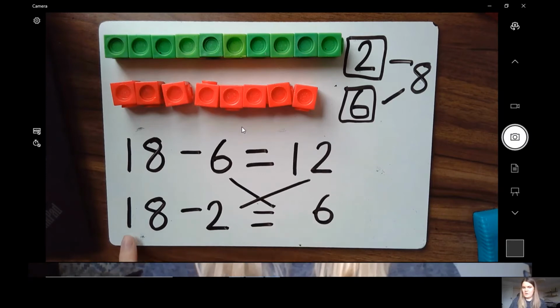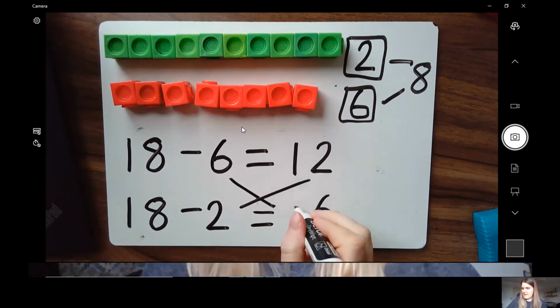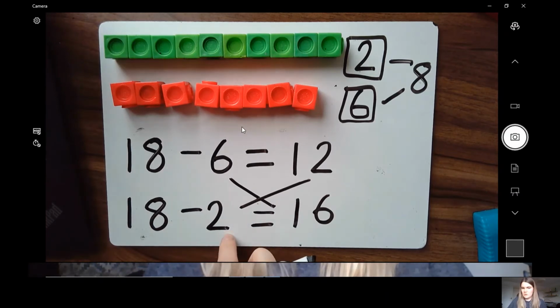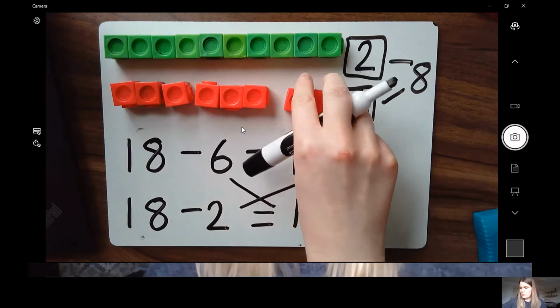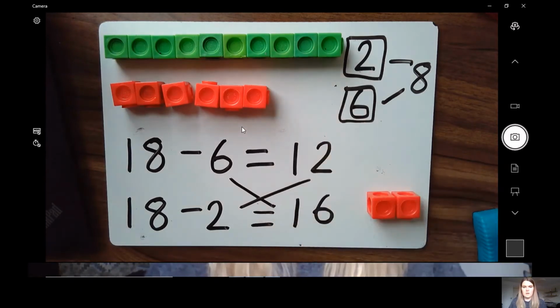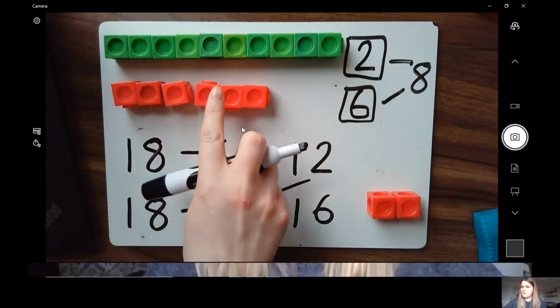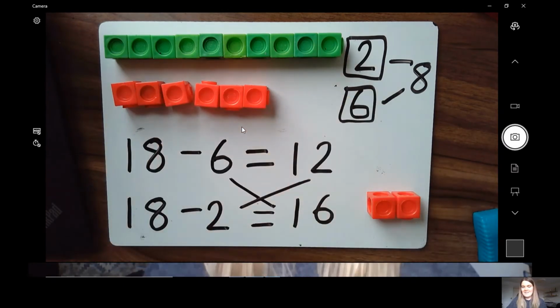So what number have I not changed? My 1. So I'm going to bring in my 10s because I didn't change the 10s on this side. So we think it's 16. Shall we see? What number am I getting rid of? 2. So I'm going to do 1, 2, taking away 2. My answer should be 16.